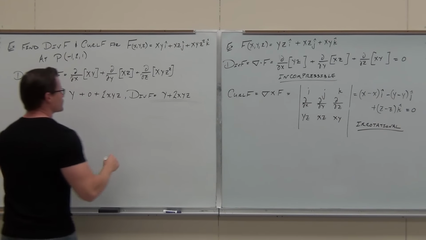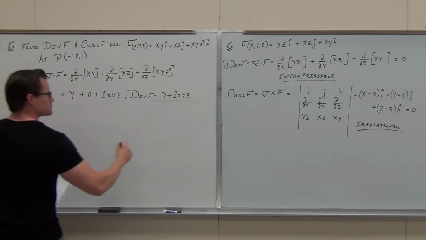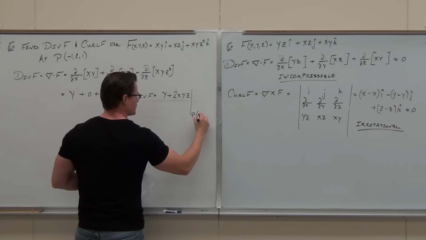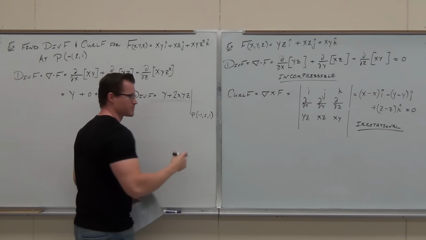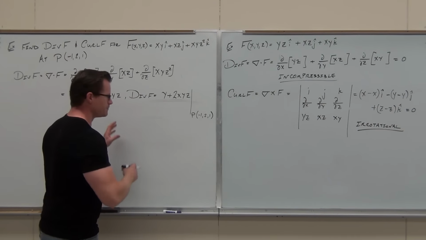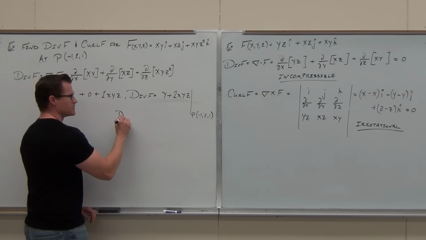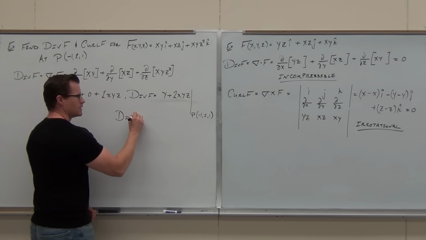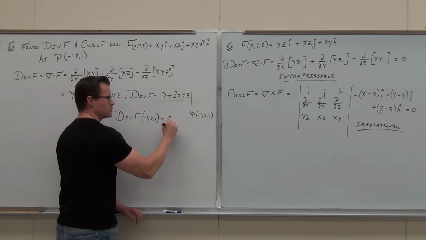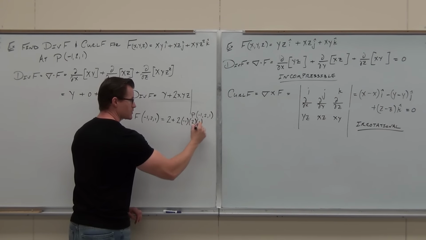So if we want to find divergence at that point, just match up the right numbers with the right variables, you got it nailed. What's our x value that we should be plugging in? And our y value? 2. And our z value. So divergence of f when evaluated at -1, 2, 1 should be 2 plus 2 times -1 times 2 times 1.